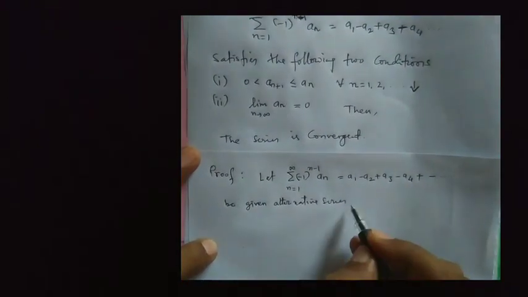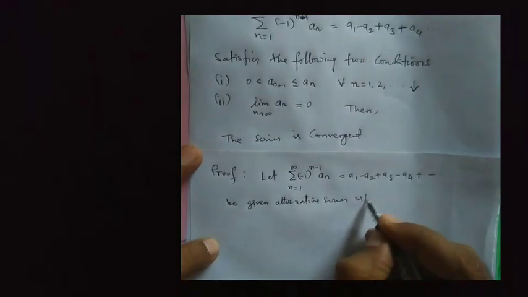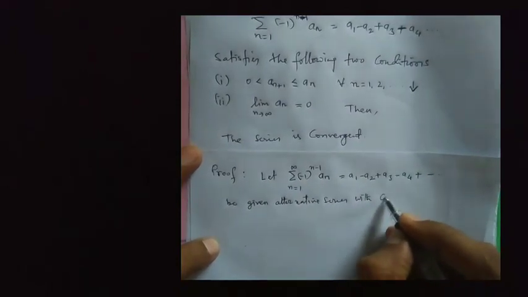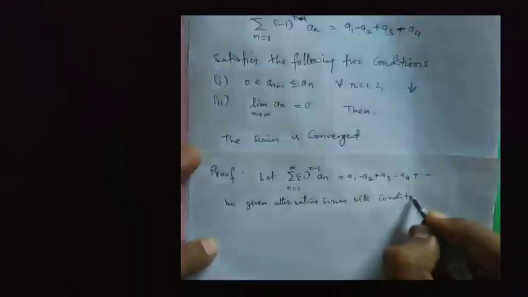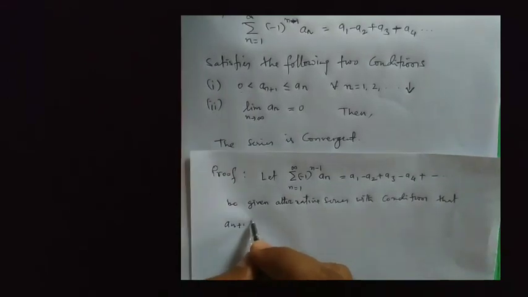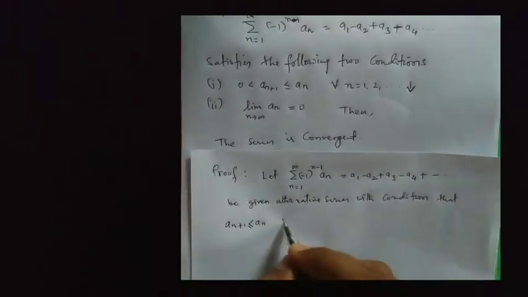be the given alternative series with the condition that a(n+1) is less than an for all n equal to 1, 2, 3, 4 and the limit of an as n tends to infinity is equal to 0.